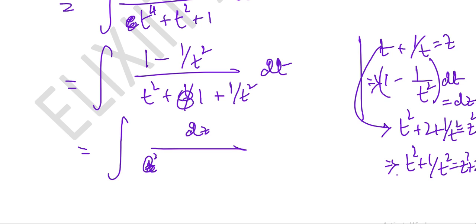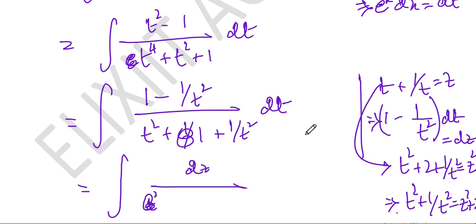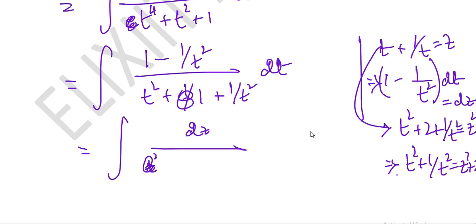So let's see here. Okay, sorry, is this the right one? Yeah, t square plus 2 plus 1 by t square is z square. I just squared both sides.